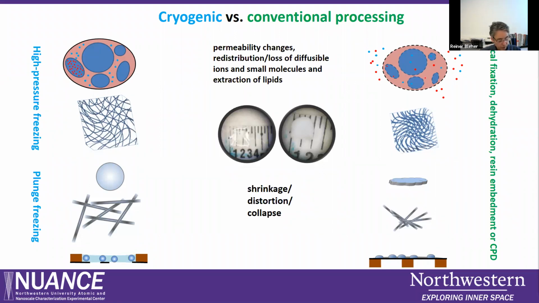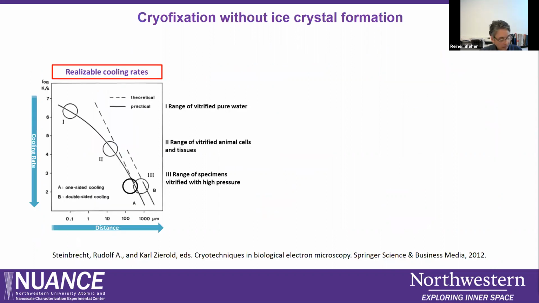But as mentioned before, to take advantage of cryogenic sample preparation, we need to be able to freeze samples without ice crystal damage. And there we go to the next slide. Here we see that ice crystal formation is a main challenge because water is the main component in biological specimens.